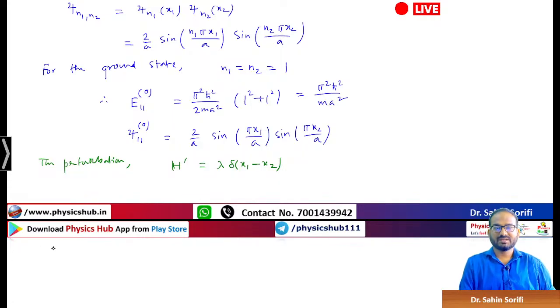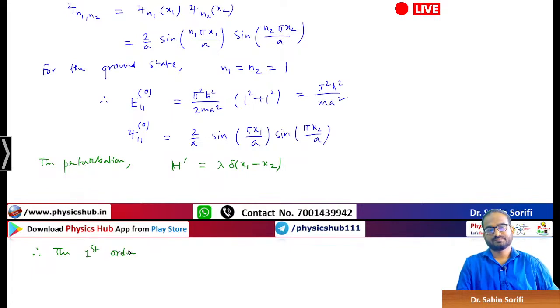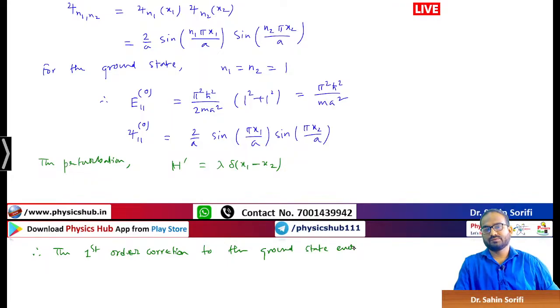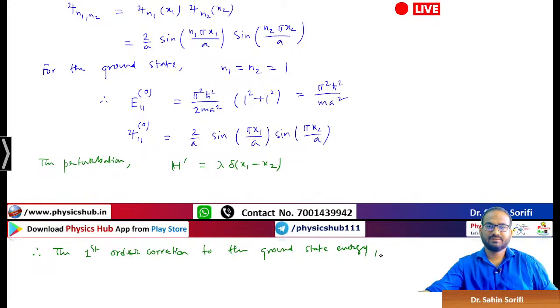So the first order correction to the ground state energy will be, therefore, the first order correction to the ground state energy. Whatever complicated problem you are given, you must stick to the original formula.